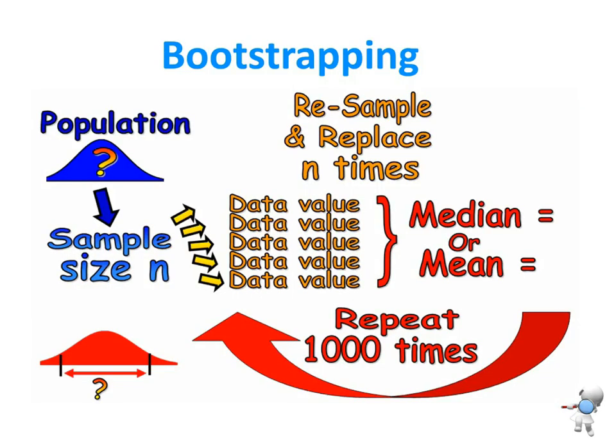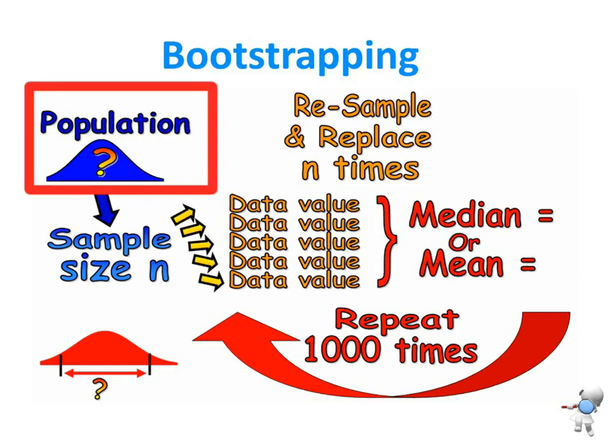To do that, we're going to use a process called bootstrapping. Now, there is another video that I've set aside to show you how to do this, so please watch that one to learn about it in more detail. This is just a very quick snapshot of it. What happens is we start with our population. That's where I'm starting from. I have some data that I'm interested in.